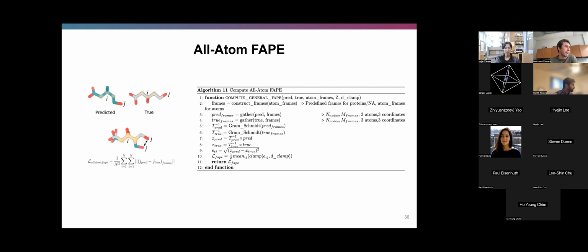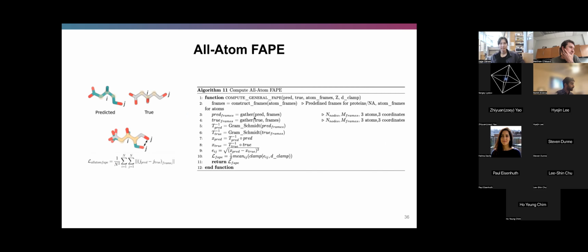Then applying FAPE is very similar to how it's done in AlphaFold, where you have a predicted coordinate with its canonical frame, and then the true one, you align these, and then you compute the errors with respect to that frame. And these are the details of that.